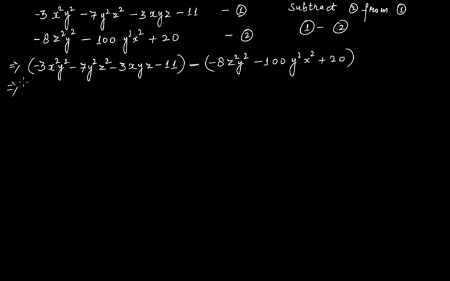So let's open the bracket. This becomes minus 3x squared y squared, because here it's plus outside the bracket, so every sign will remain the same. Minus 7y squared z squared minus 3xyz minus 11. Now outside the bracket is minus, within the bracket is minus, it makes it positive.